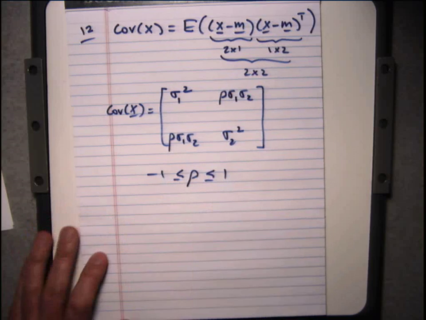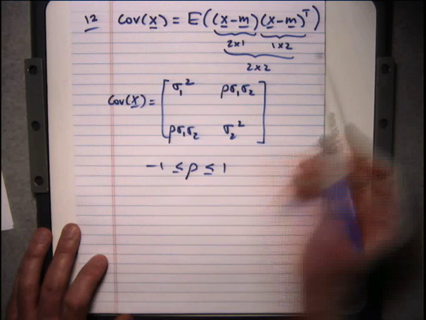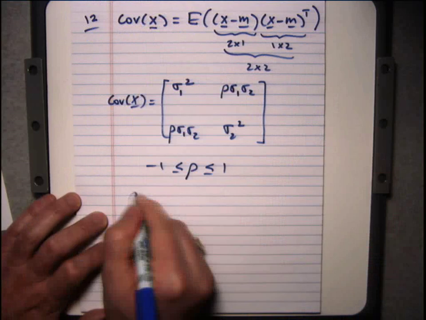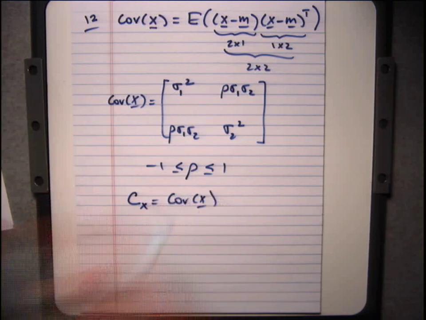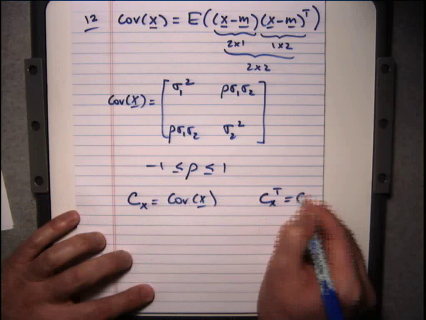One other important thing to keep in mind is that the covariance matrix, regardless of the dimension of x, is always a symmetric matrix. Okay, so if we call this Cx, the covariance of x, and x could be a long vector, not just 2 by 2, then Cx transpose is equal to Cx.